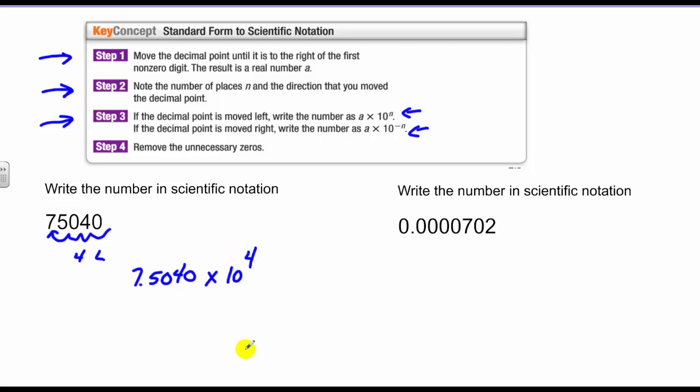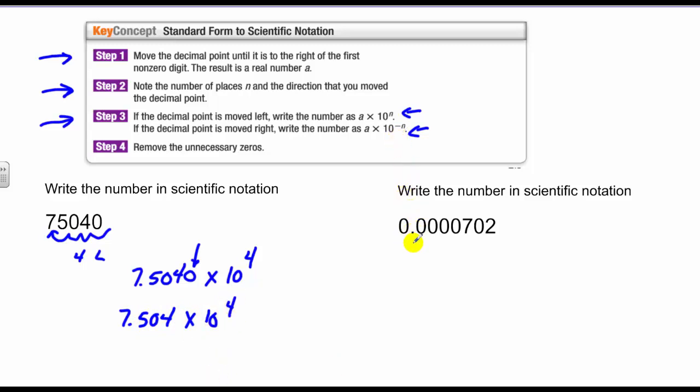And you notice that this 0 right here really has no meaning in the number. Since I have no actual value in that 10,000 spot, I can remove it. So my number is just going to be 7.504 times 10 to the fourth.